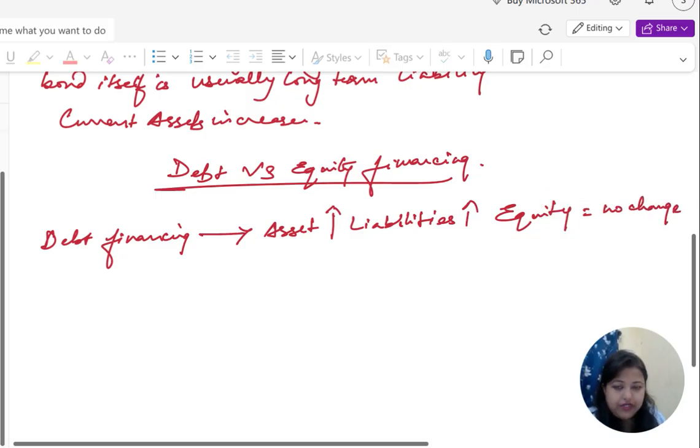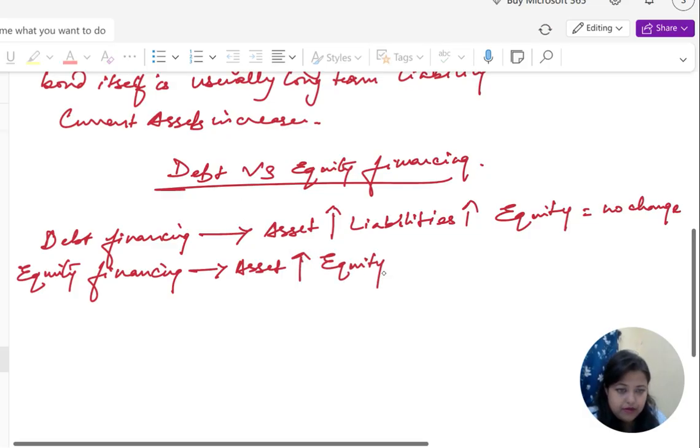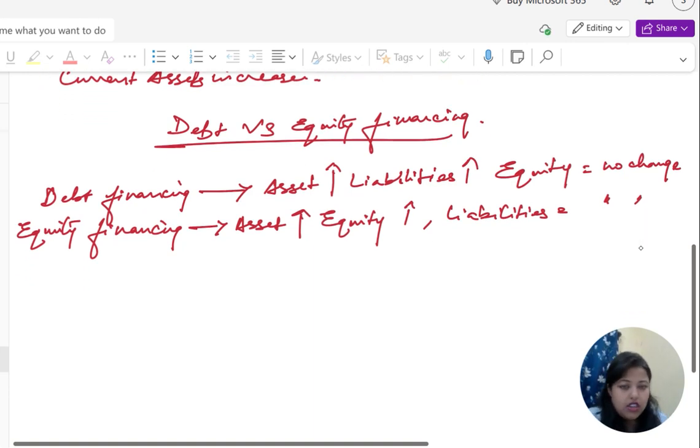Then comes equity financing: assets go up, equity also goes up, but liabilities have no change. So debt borrows and equity shares.